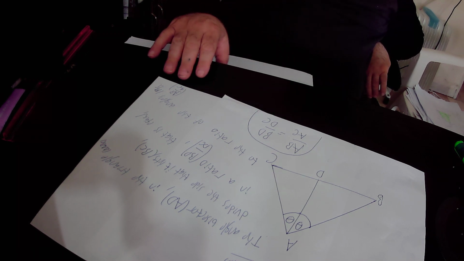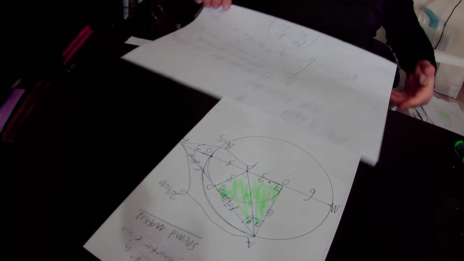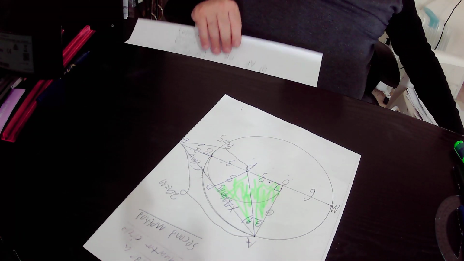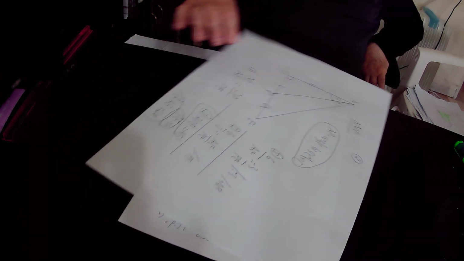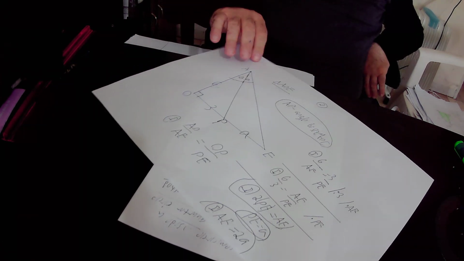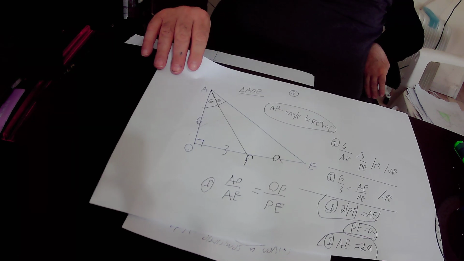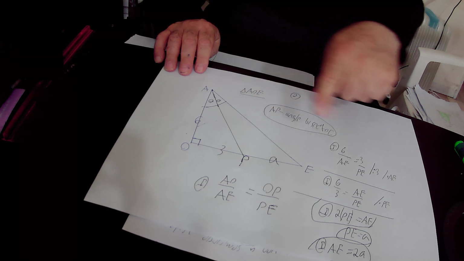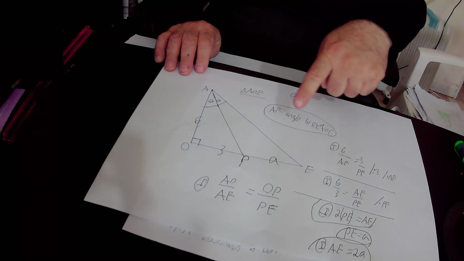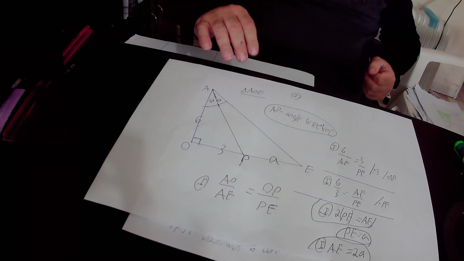Okay, so here we implemented the angle bisector theorem in our triangle AOE. This is a right triangle. In triangle AOE, we have the angle bisector AP that divides angle OAE into two halves. Each half equals theta.